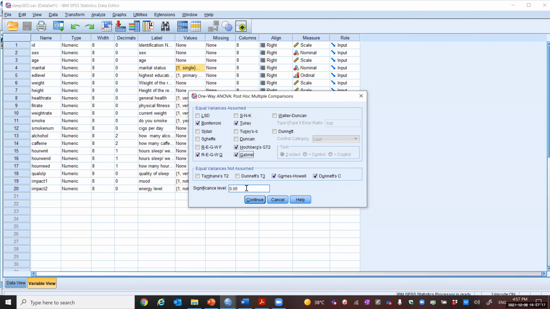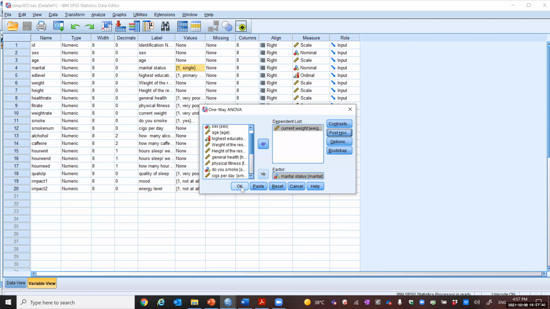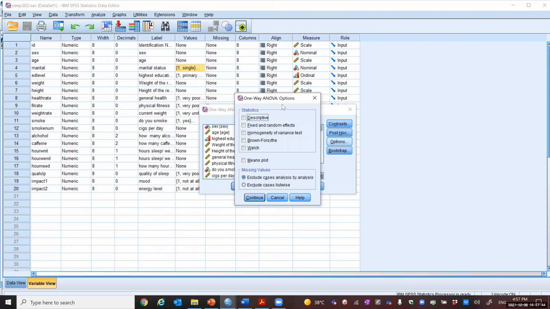Similarly, you can also ask SPSS to set the significance level. The minimum is 0.05, which is the default. But if you want to set it to 0.01, you can do that. If you want to set it to 0.001, you can do that. SPSS would flag all those values which are statistically significant. Then I press Continue, and if you go to Options, there isn't much there.